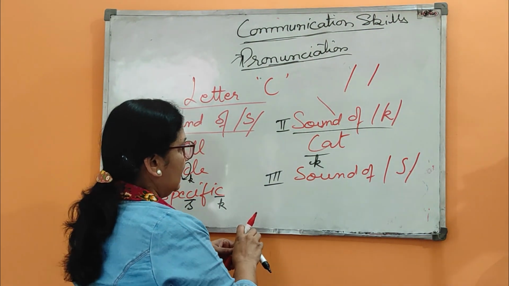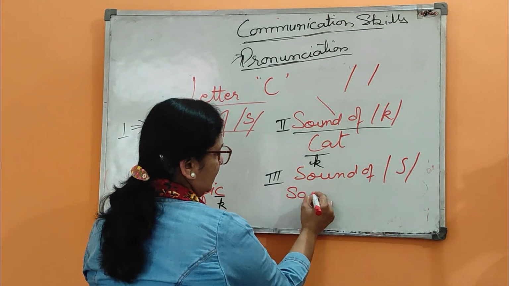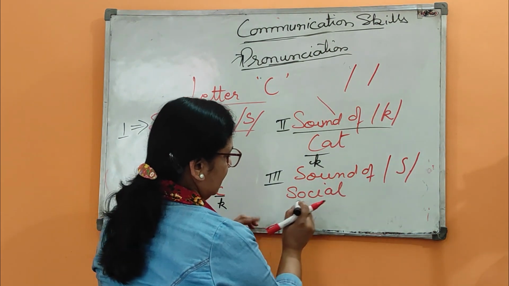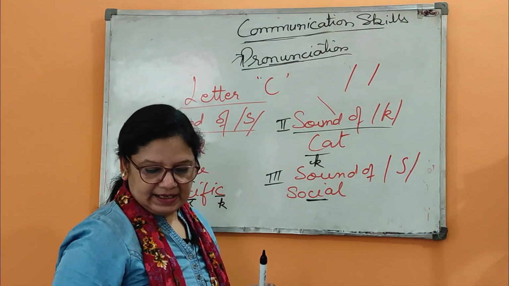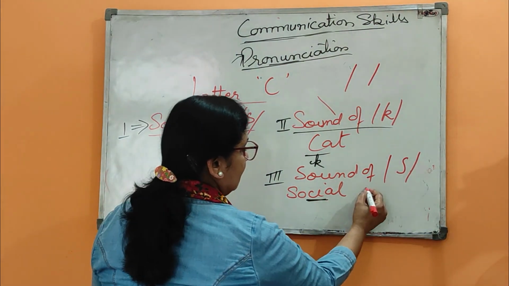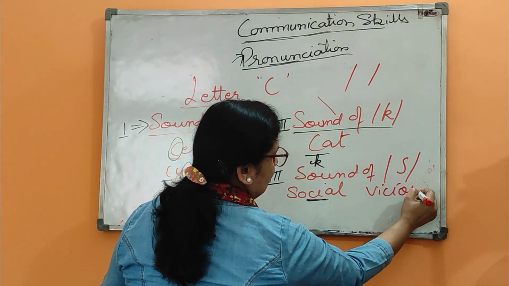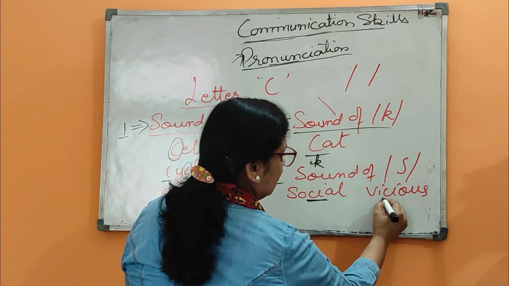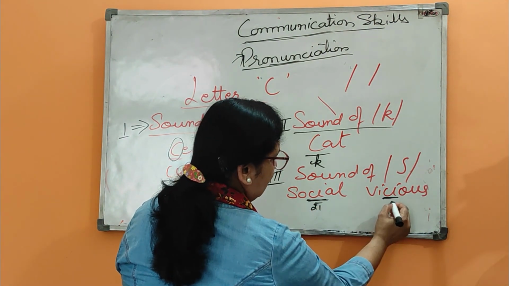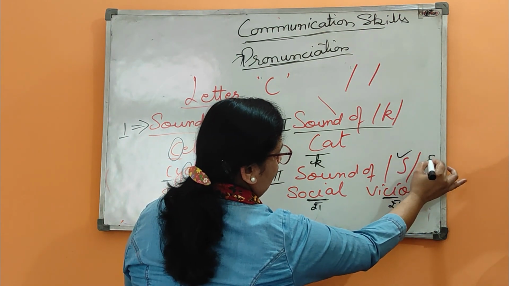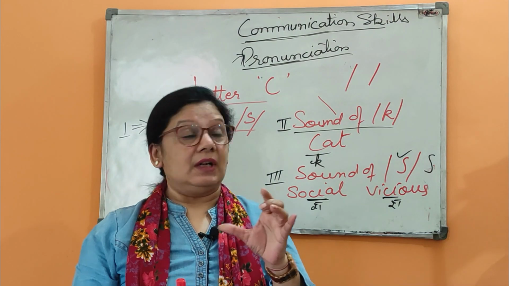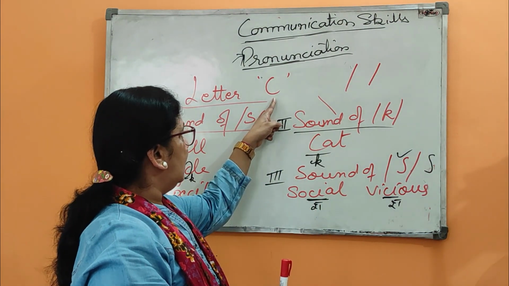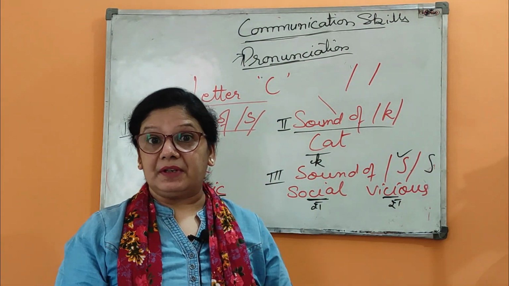If I write social, the pronunciation here, C is sh, social. And we have more examples like vicious. Here the sound of C is sh again. We write the symbol like this. This is the sound of sh. But we are using letter C everywhere with different sounds.